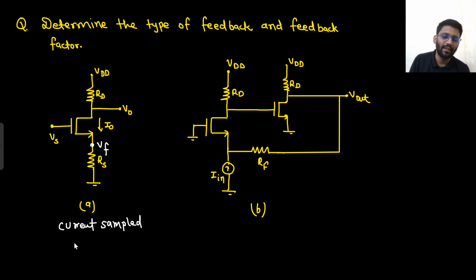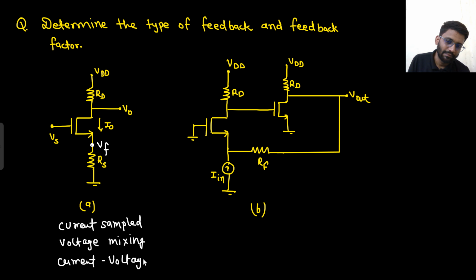So current sampling and voltage mixing. So this is the current-voltage feedback topology. Well and good. Understood? Very easy.